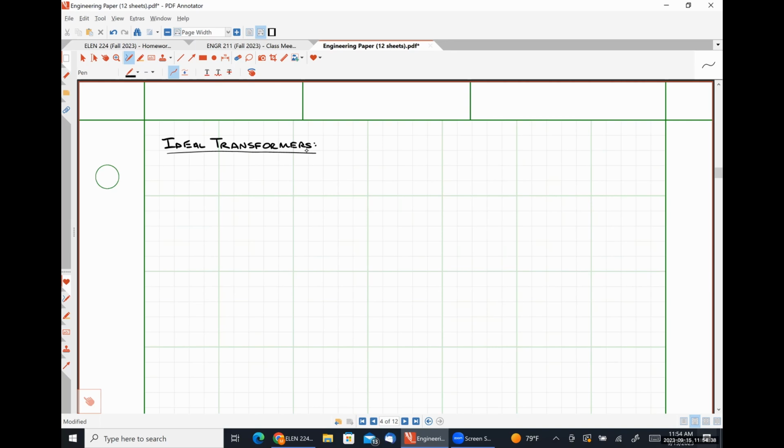All right. So I'm going to give you guys the diagram for an ideal transformer here. Okay. So we're going to have our voltage source, VS. Make this a phasor voltage for what it's worth. Here's L1.